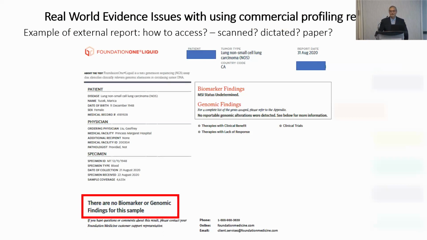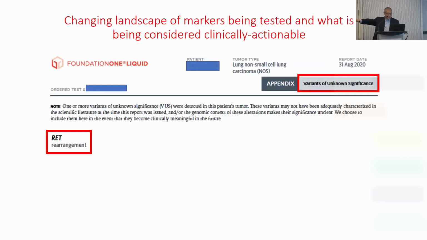Okay, here is another pragmatic example. This is in the year 2020, so not that long ago. If you do a retrospective control study, this could easily be something that you would have captured this year. So at that time, we had a report of a patient that clearly at the bottom says there are no biomarker or genomic findings for this sample. And yet there's a RET rearrangement.